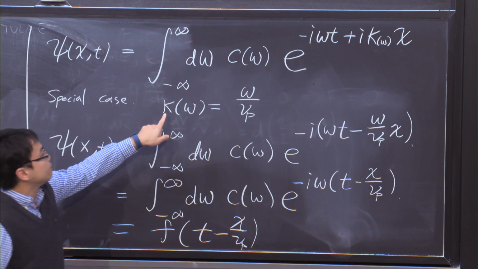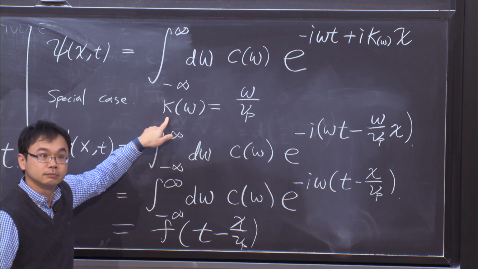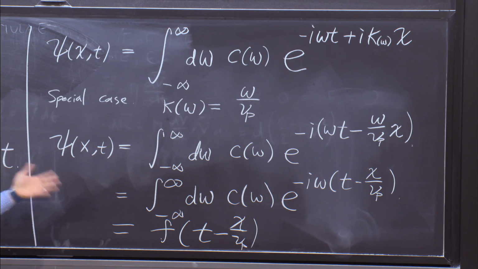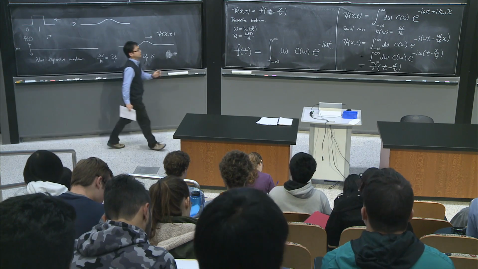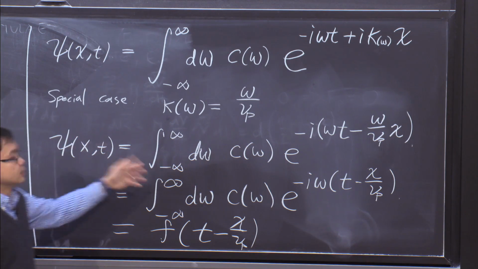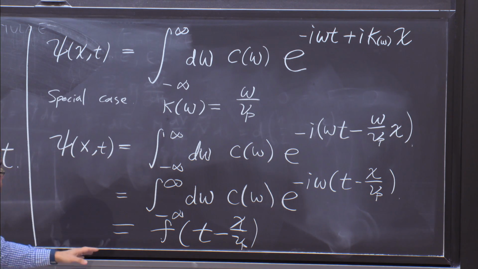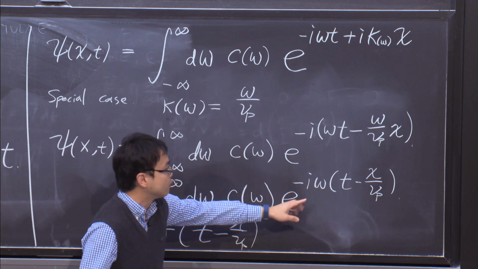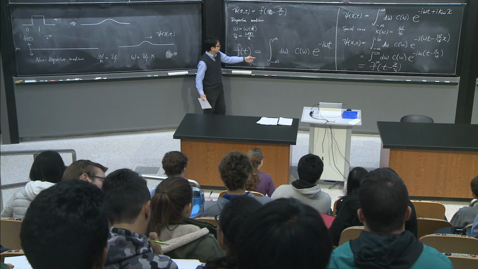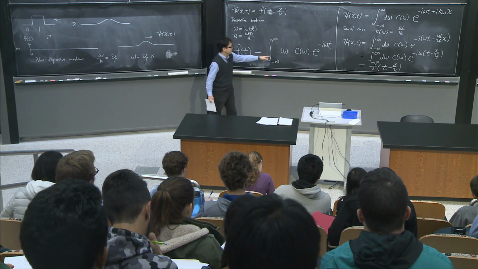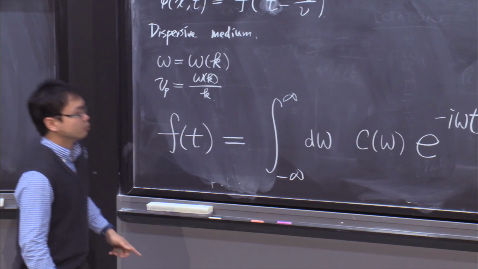So you can see that now, if I have solved for k as a function of omega and I plug it in for this special case, which is a non-dispersive medium, omega over k equals vp. Then I really calculate this integral. Then I can quickly identify that I can write the functional form in this way, and this actually looks really familiar, because using this definition, f is equal to the integral from minus infinity to infinity d omega C of omega exponential minus i omega t.